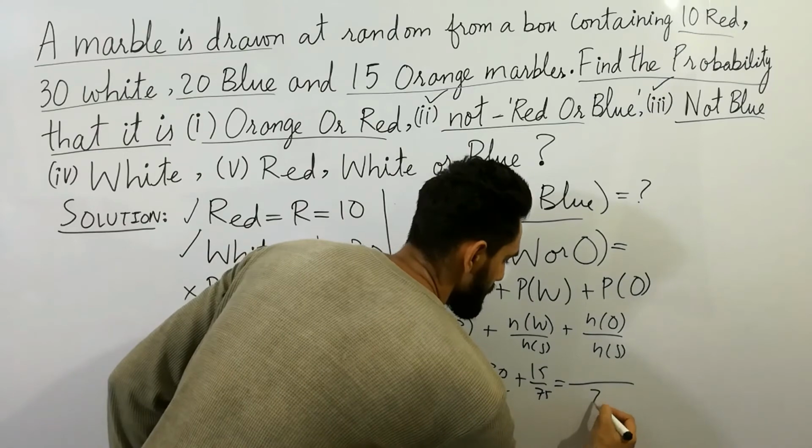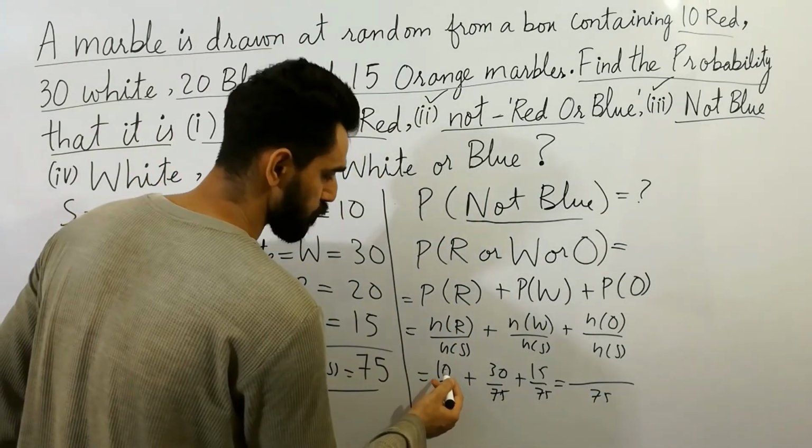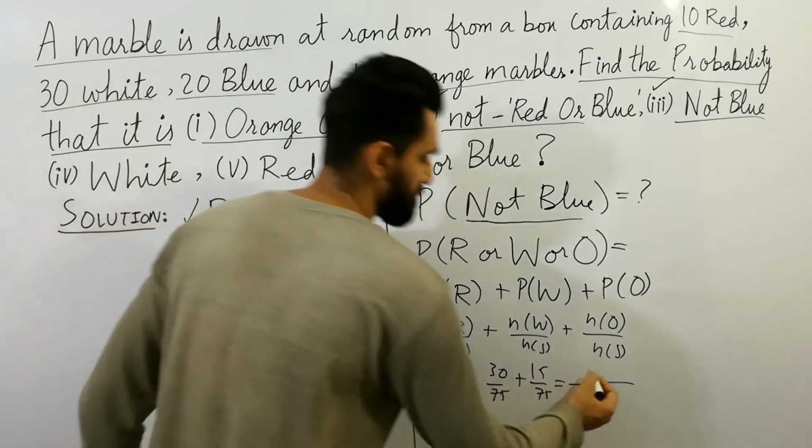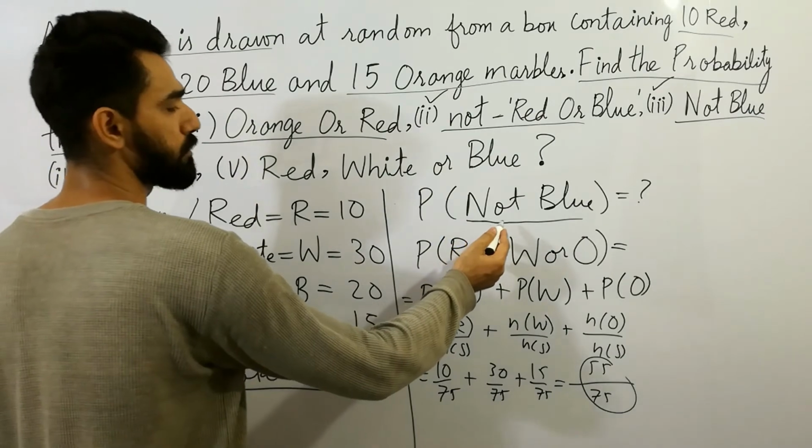That is 55 over 75, the probability of not blue.